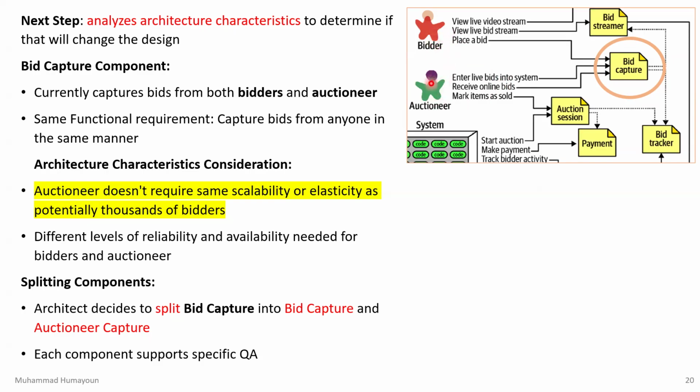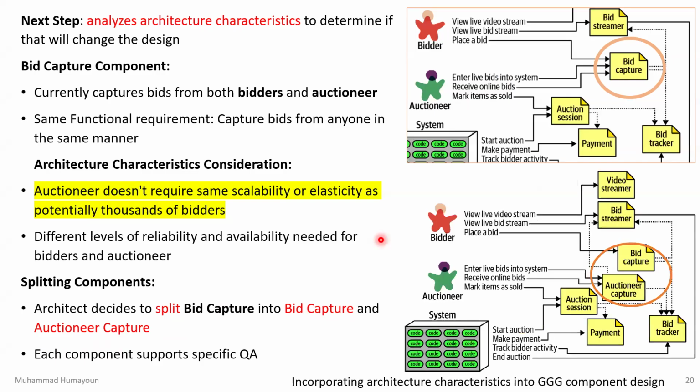So based on that, since the requirements of bid capture for bidder and for auctioneer are different, by looking at these architectural characteristic considerations, you can separate this bid capture into bid capture and auctioneer capture just to make your design better. The rest of the things are the same, but you separate bid capture. So this one will be more scalable, more elastic, potentially supporting thousands of bidders.